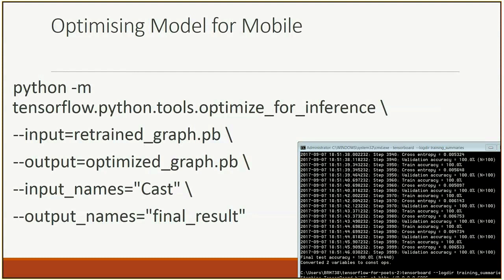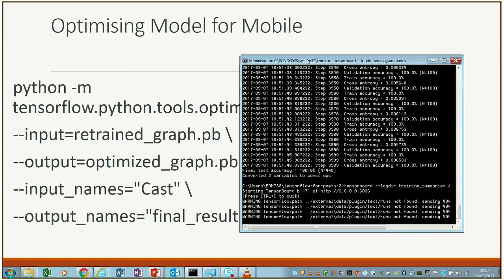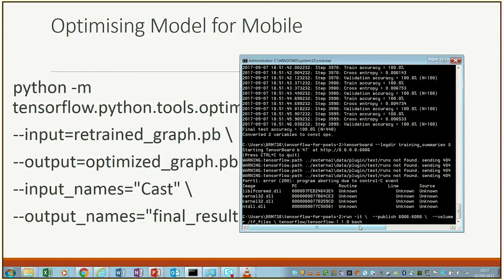So to reduce the footprint of this model, we will have to get rid of any operations which are not supported on the mobile or not needed for the chosen model. In the lab code, we get the script which is doing it for us. So I'm going to run this, but first I will close my TensorBoard.